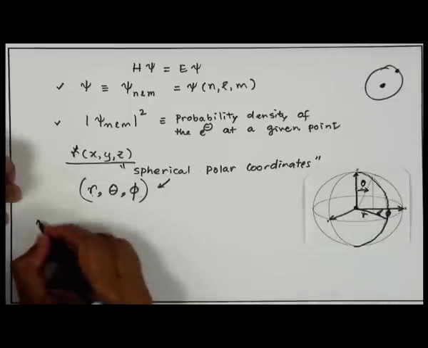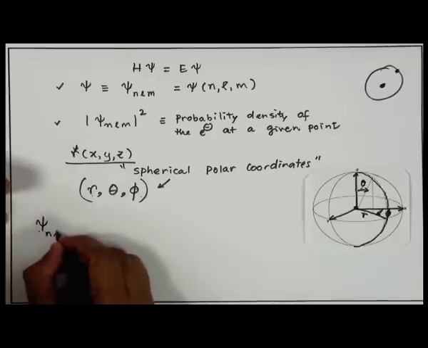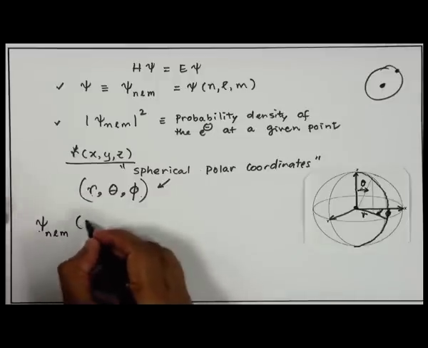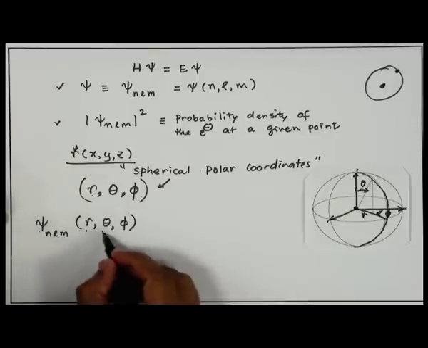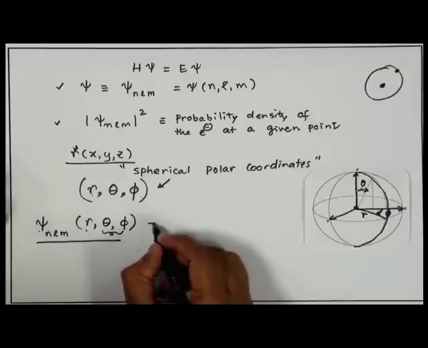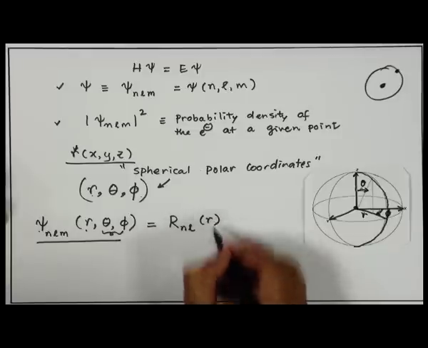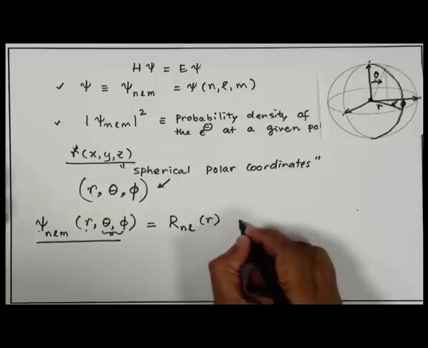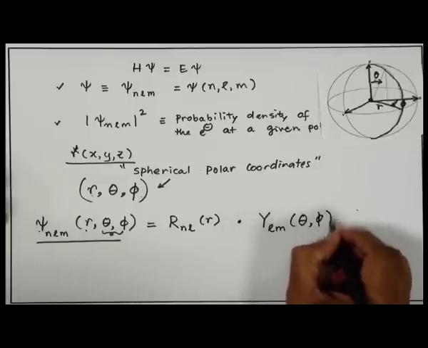Since the wave function contains information about the electron's position, this wave function, which requires n, l, m to be uniquely identified, is a function of r, theta and phi. This is the radial coordinate, and these two are angles. This form of the wave function can also be written as a product of two wave functions: one radial part, which is given as R n l, multiplied by an angular part which depends on theta and phi.